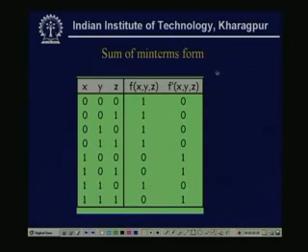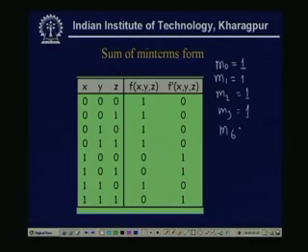That means if I write those terms, then m0 equal to 1, m1 equal to 1, m2 equal to 1, m3 equal to 1, and m6 equal to 1.